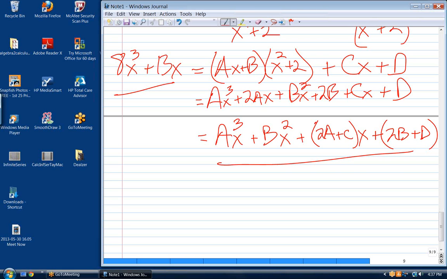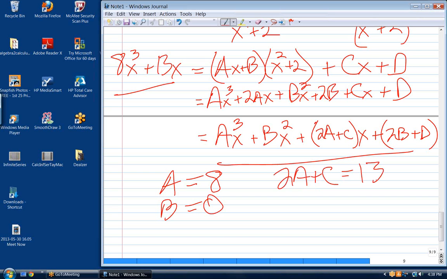The only x cubed term on the left is 8x cubed. That means a has to be 8. The x squared term doesn't exist on the left, which means b has to be 0. The x term coefficient has to be 13, so I can say that 2a plus c has to equal 13.